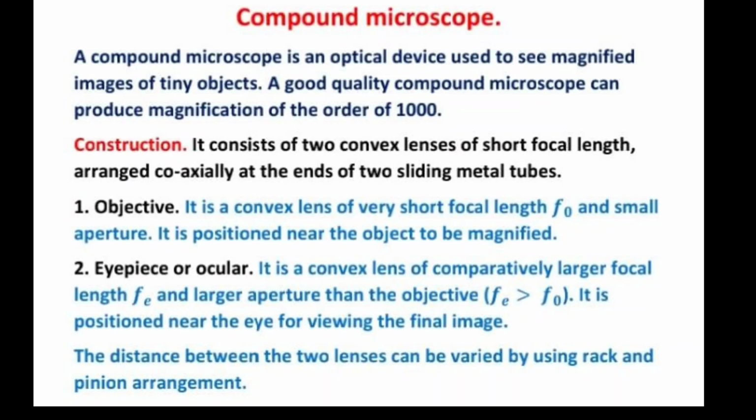Whereas eyepiece is another convex lens that has comparatively large focal length as compared to the objective lens and has a large aperture. It is positioned near the eye to observe the final image. The distance between the two lenses can be varied by using a rack and pinion arrangement.